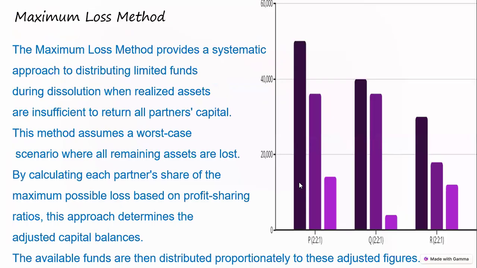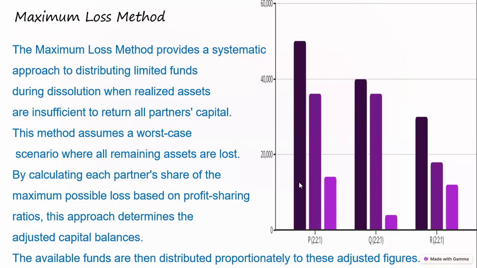So we also have the maximum loss method, under which the amount available for distribution is compared with the amount to be settled for distribution. The excess amount that is found as loss will be considered as loss for the partners, and that will be distributed among the partners in their profit sharing ratio.